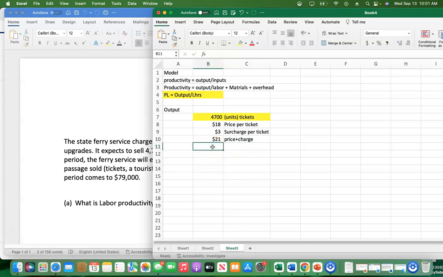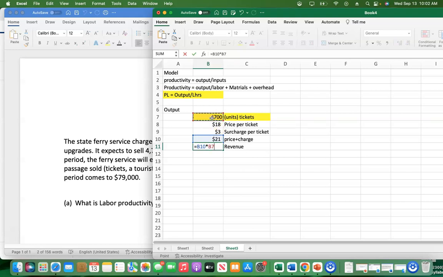Now we can actually find revenue, meaning that we see how much we get, or how much this company will get if it sells 4,700 number of tickets. So in this case, I'm going to write here revenue, and therefore we're going to put equal sign, and we'll click on the price times the units, or the number of tickets sold.